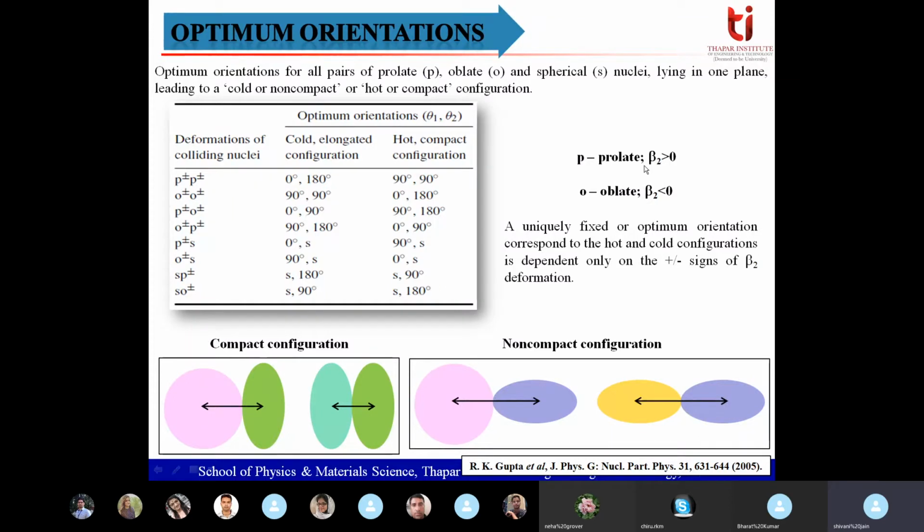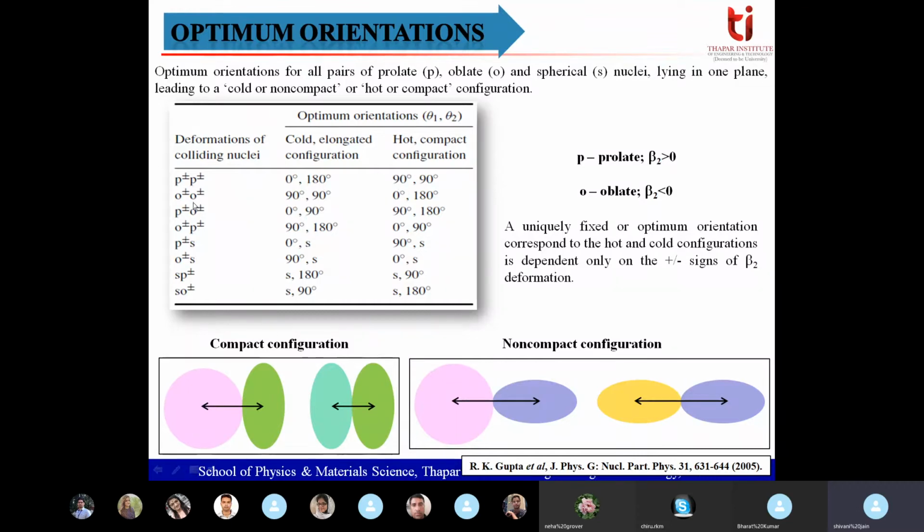For prolate, the sign of beta 2 is positive, and for oblate, the sign of quadrupole deformation is negative. You can also see from this table that for prolate, the optimum orientation for cold configuration is 0 or 180 degrees, and for hot it is 90 degrees.